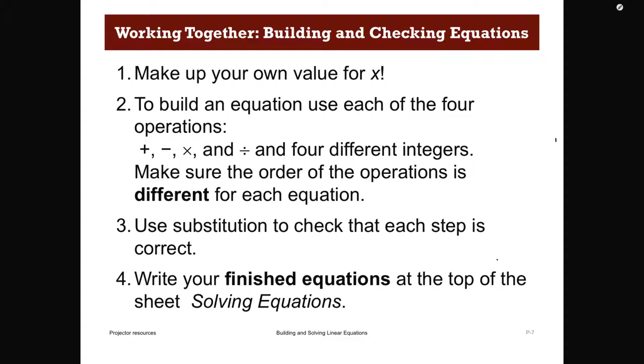You can use this as an example. Amy started with 6 and she added 2 to x, so then this became 8. And then she divided this whole side by 2. She did the same here. And then she took 1 away from both sides, so it became this and then 3. And then she multiplied both sides by 3, the whole side, and so you're going to build it however you want.